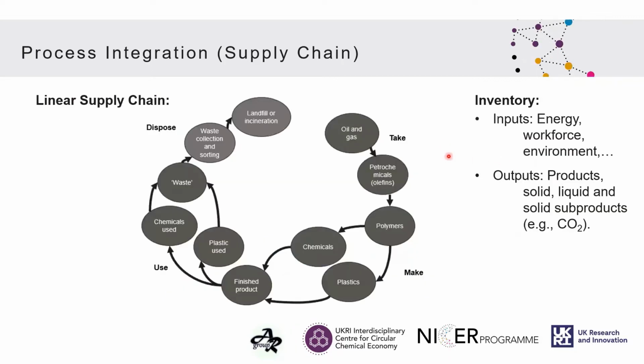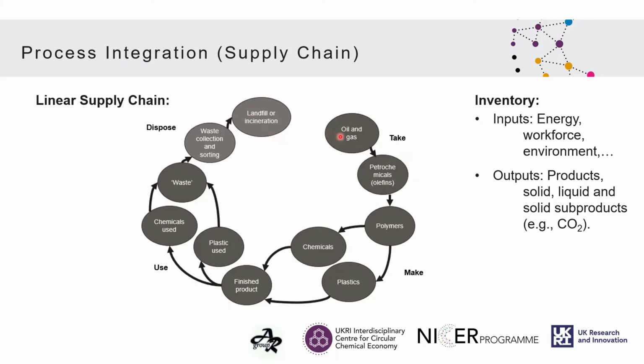Okay, now we are going to have a few examples. Here is a typical linear supply chain. And why is it linear? Because we have the traditional take, make, use, and dispose. And it's for the fabrication of chemicals from oil and gas.